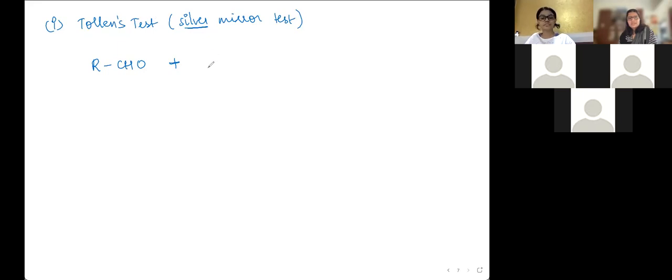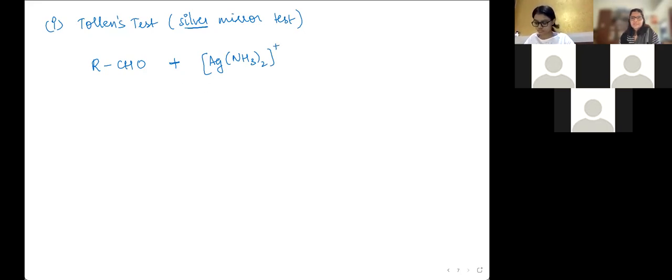So Tollens' reagent, which is what you do the Tollens' test with, chemically is this. It looks complicated, but it's not. This is a complex with silver bonded to ammonia, with the positive charge.